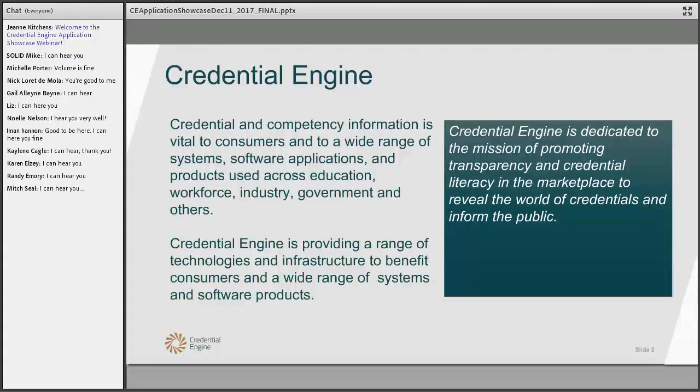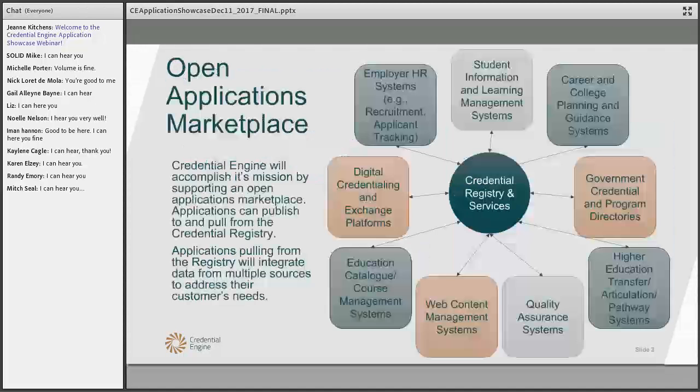So we want to make sure that the credential and competency information that is vital to consumers and to a wide range of systems and software applications used across many domains is easily available to not only the consumers of the information themselves, but the systems and the software applications that could benefit from this information as well.